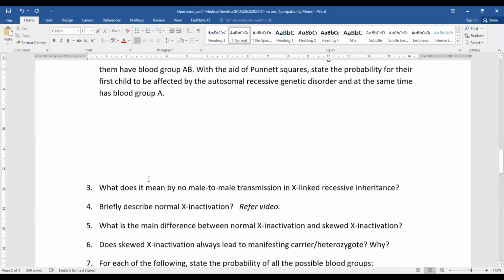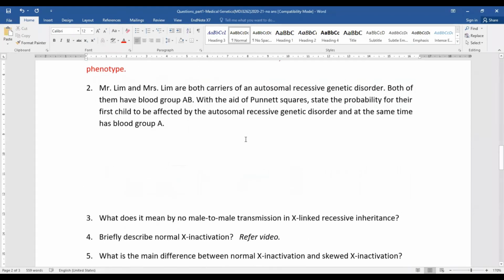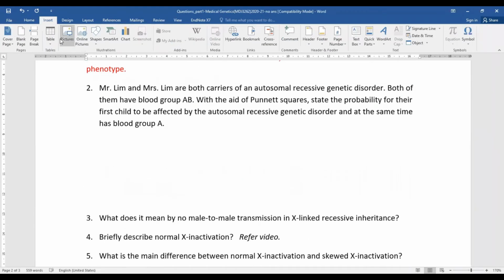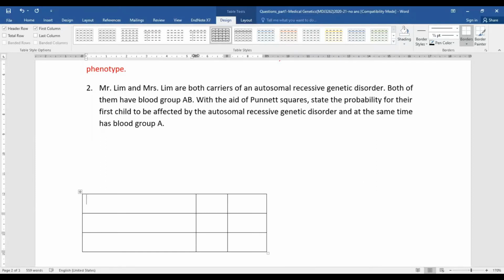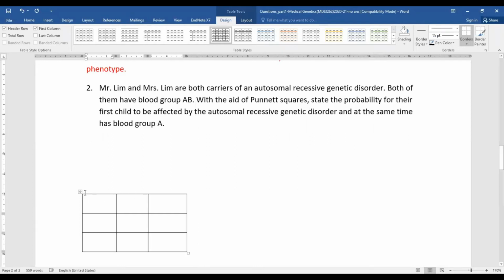So you're going to have a Punnett square for the genetic disorder, and then a Punnett square for the blood group.